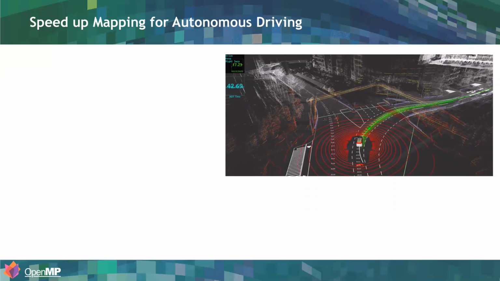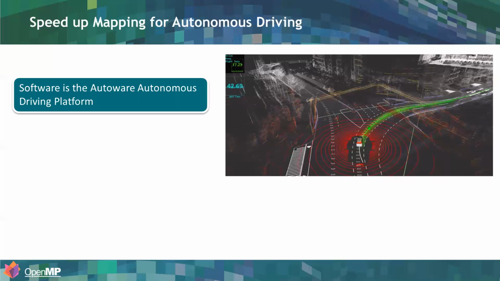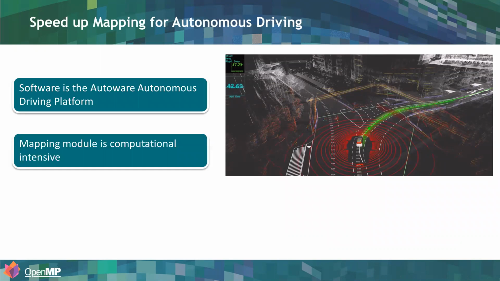OpenMP has been used to speed up this process, in this case in the AutoWare autonomous driving platform, which is open source autonomous driving software used by several manufacturers. And the mapping module, as you can imagine, is computationally intensive.